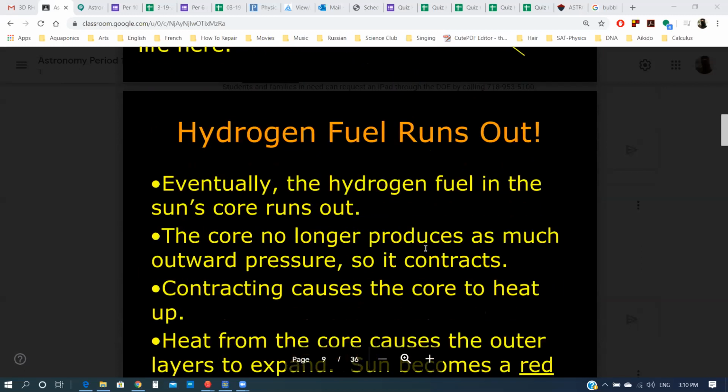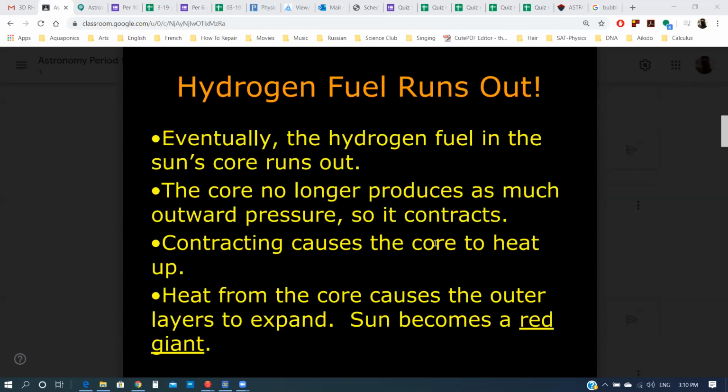When hydrogen runs out in the core, right, the core shrinks because there's less pressure outward. And when it shrinks, it emits light energy that will push the outer layers away. And thus the outer layers expand, more than the energy provided to them.